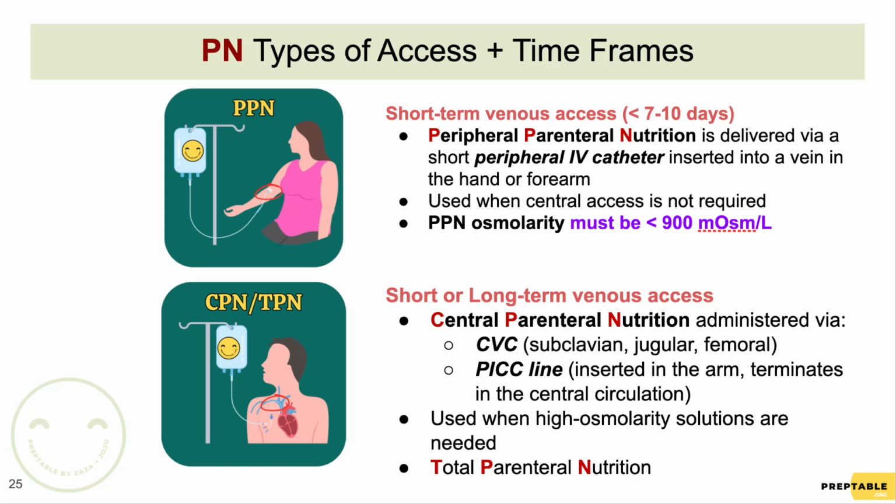CPN refers to the route of administration through the central vein, while TPN refers to the composition of the solution. We're talking about a complete formula that meets 100% of the patient's nutritional needs. That said, they do often overlap in practice. Because TPN must always be infused via a central line, the access route is almost always CPN.